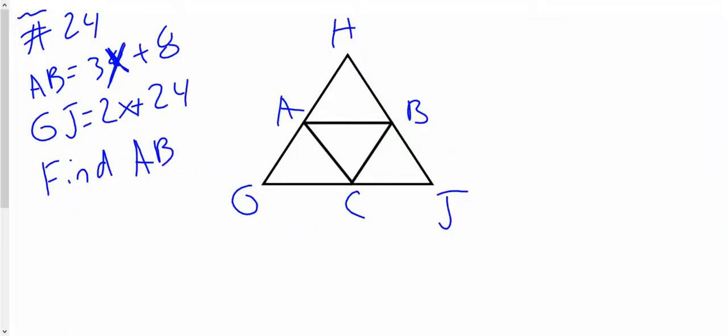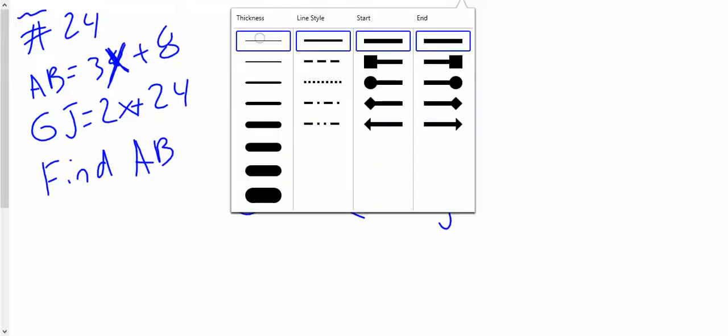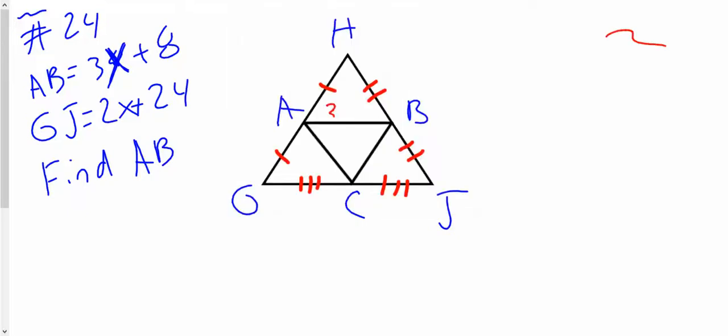This is a problem that is in the book. And I like it. These are all midsegments, by the way. I forgot to draw these marks here. And they say that AB is 3x plus 8. These are really good problems, by the way. These are kind of the level at which you guys will be working. And then GJ is 2x plus 24. So if I double 3x plus 8, it'll give me GJ.